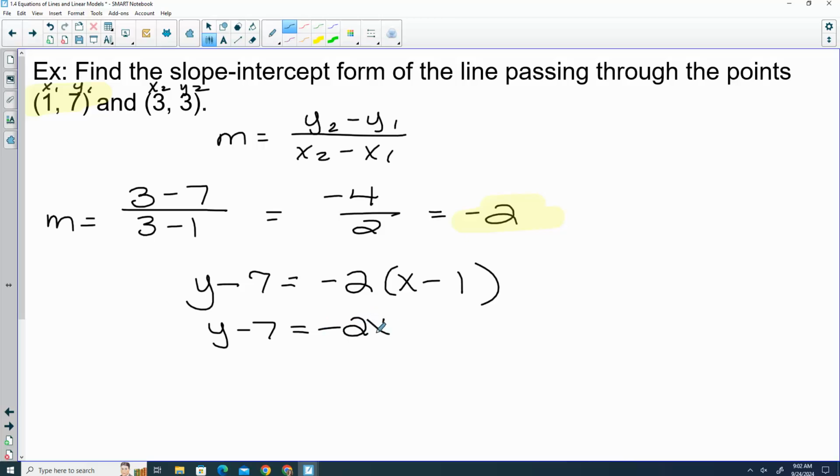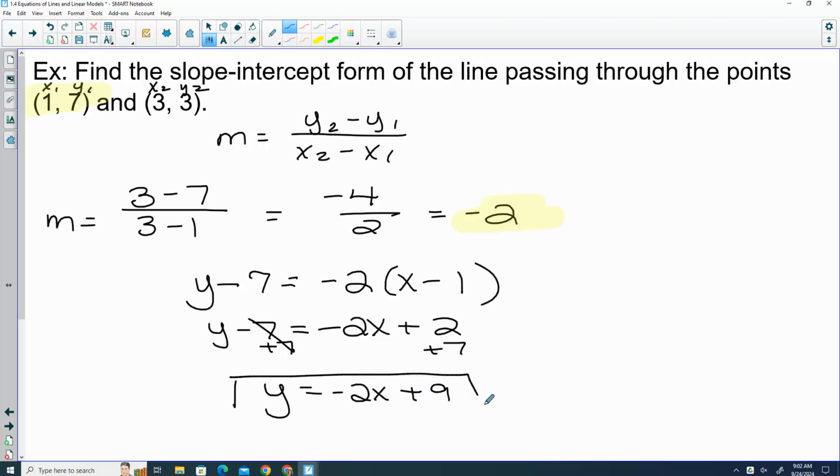So if we distribute that over the 7, y equals negative 2x plus 9, and that is y equals mx plus b form. Is that one okay?